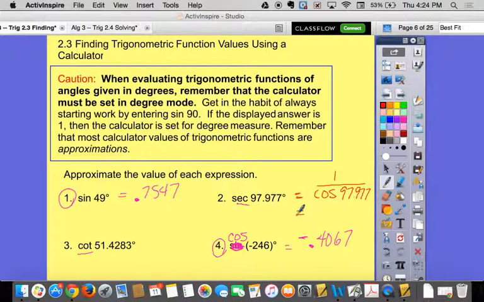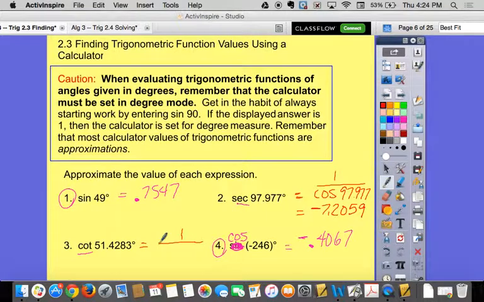You type 1 divided by cosine 97.977. And I got negative 7.20. Now it says 587, so I need to round that to 59. Okay? Have to use your reciprocals. So down here I've got cotangent. I don't have a cotangent button.